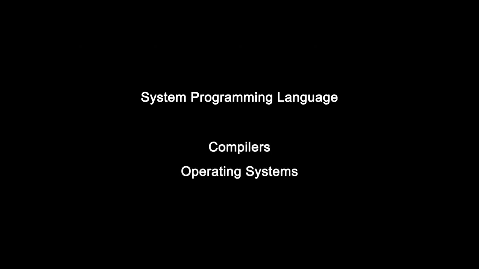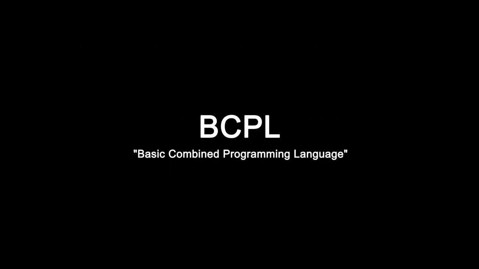C is generally called a system programming language because it is useful for writing compilers and operating systems. It has been used equally well to write major programs in many different domains. Many of the important ideas of C stem from the language BCPL, developed by Martin Richards.